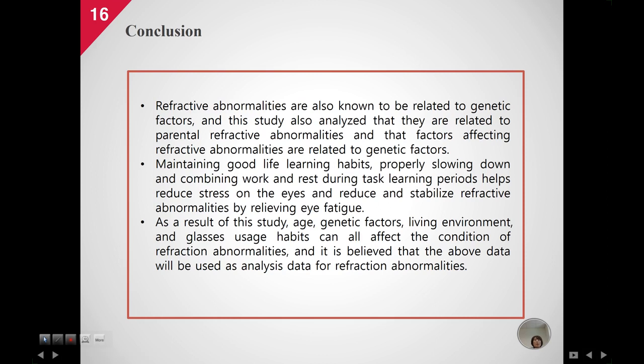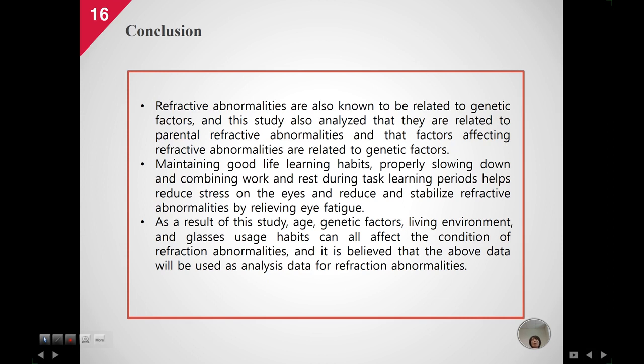Conclusion. When the adjustment of refractive abnormality is not used, parallel light does not form a clear object on the retina through the refraction of the eye, and forms an image in front of or behind the retina.